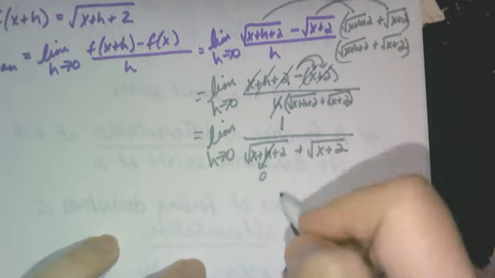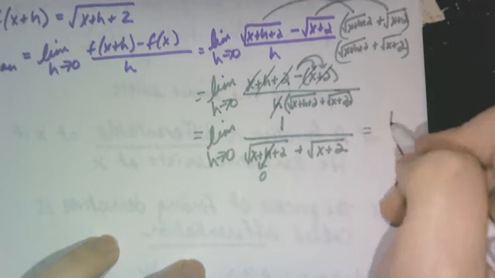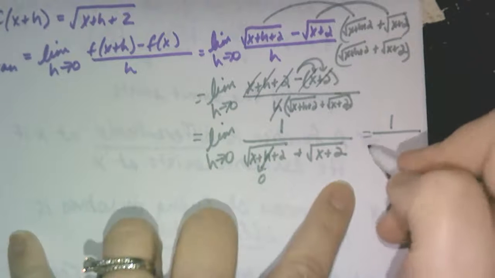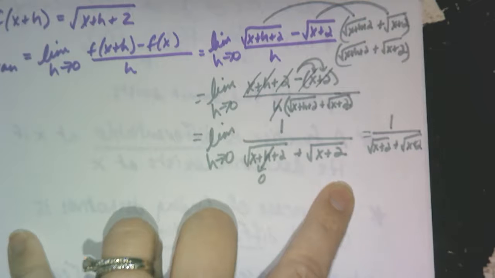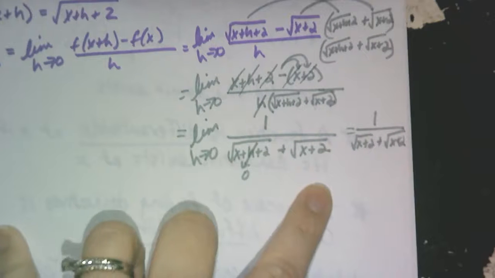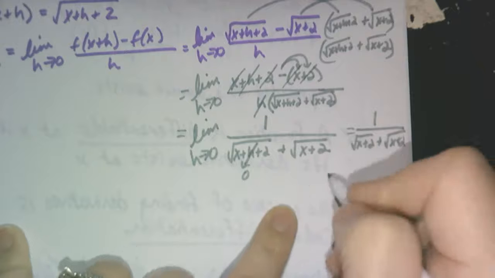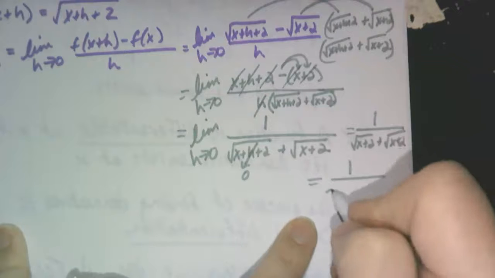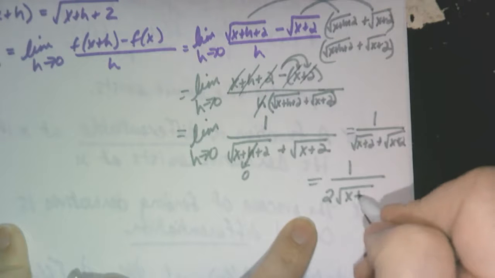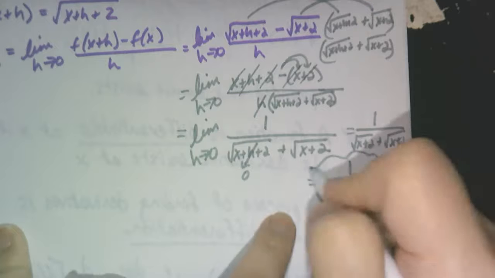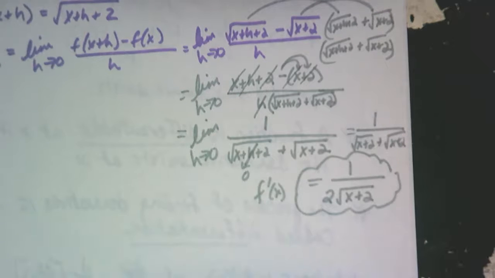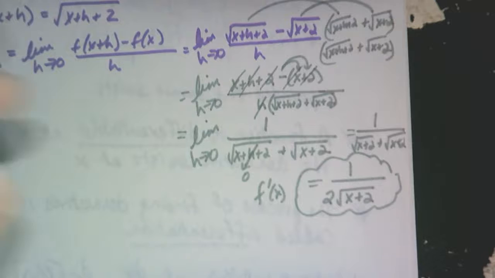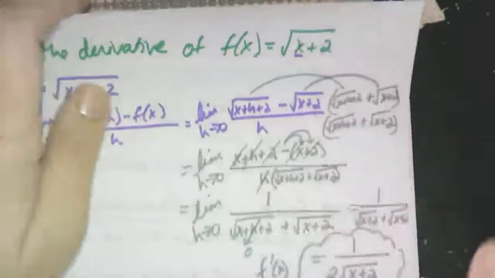And you would be left with 1 over square root of x plus 2 plus another square root of x plus 2, which really is how many of those? So you write 1 over 2 root x plus 2. What you just found is the derivative. It is a formula to find slope on this at any point.